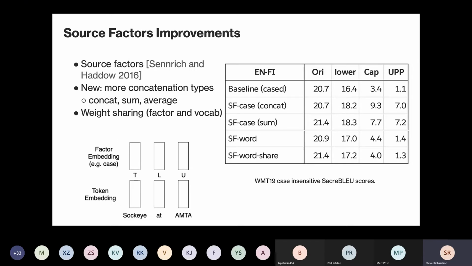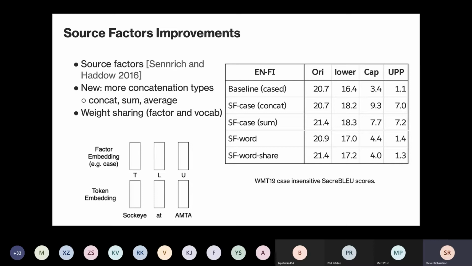Another improvement in Sockeye 2 is that we improved the source factors. Source factors are essentially additional input token sequences that are parallel to the normal input sequence. You could, for example, have part of speech tags or something else.